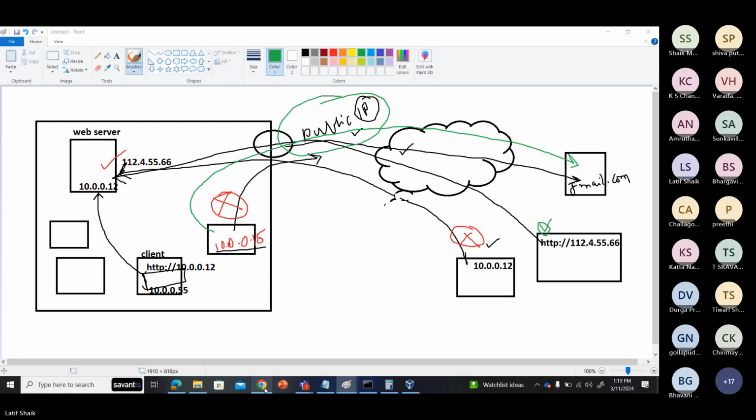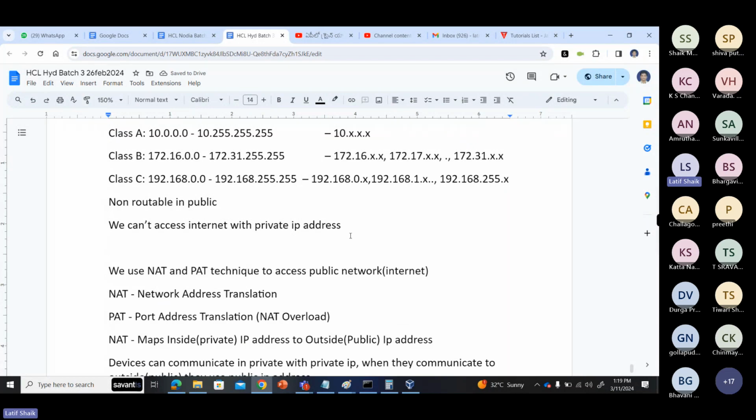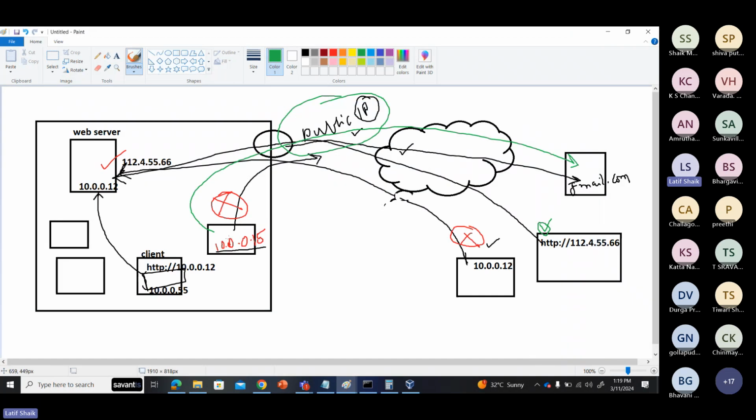Understand, guys? A private IP address is non-routable. We cannot access the internet with a private IP address. I wrote it wrongly, I think. A private IP cannot go to the public. These addresses exist in multiple locations in the world.